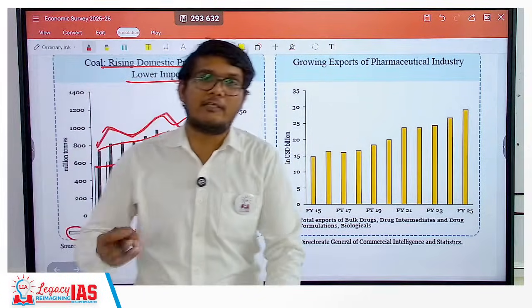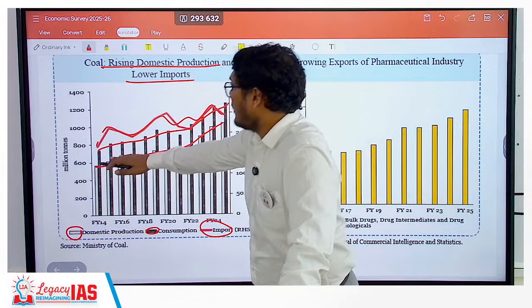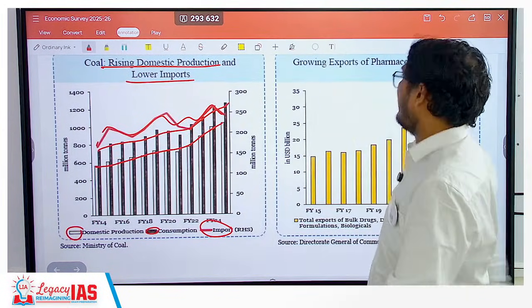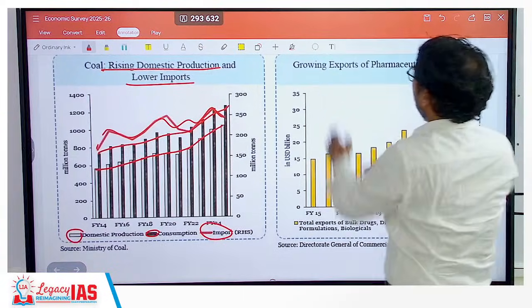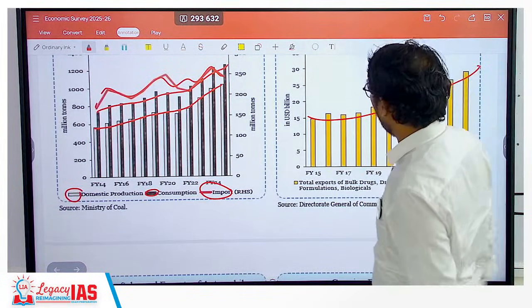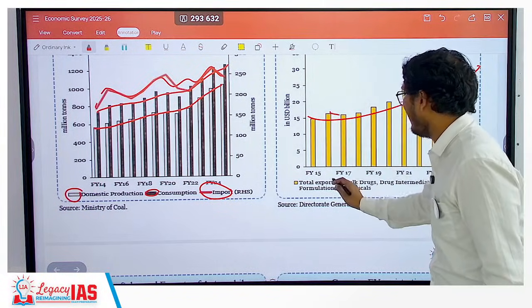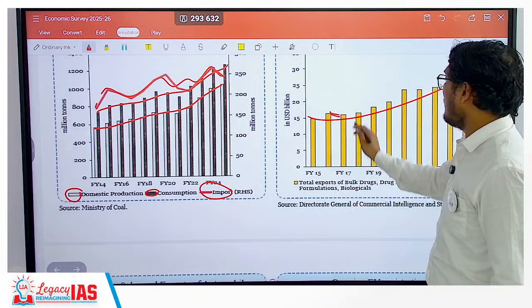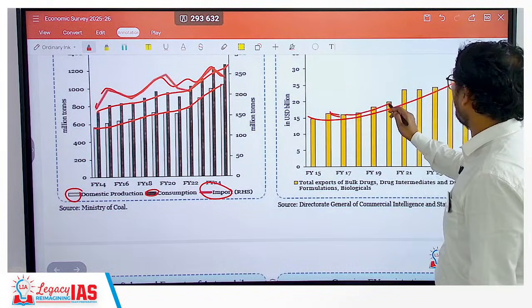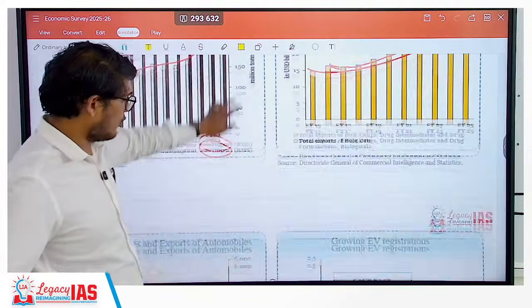Because the production is also increasing. If you had not increased the production, the imports would have increased even further. Now, this is the growing export of the pharmaceutical industry. The pharmaceutical industry has seen a continuous increase, just a slight decline in this particular year, but after that there has been a consistent increase in the pharmaceutical exports also.